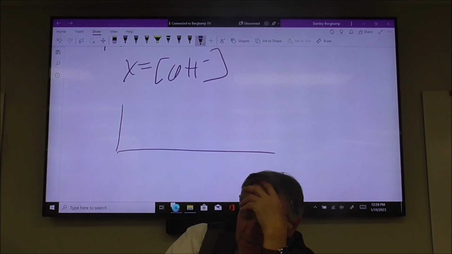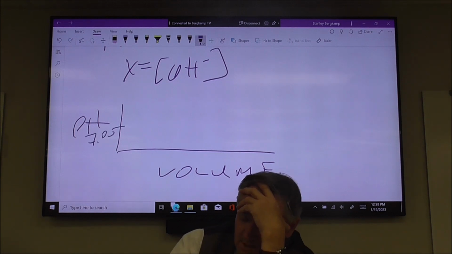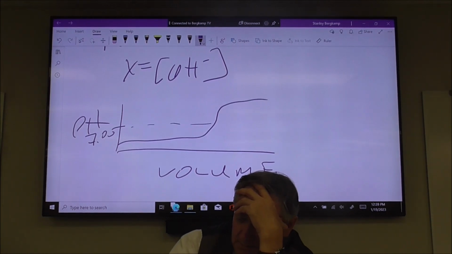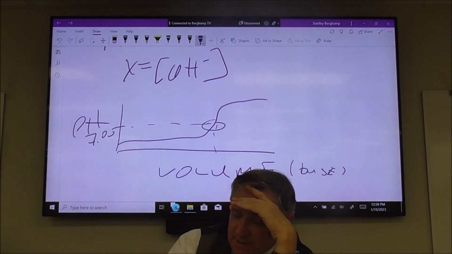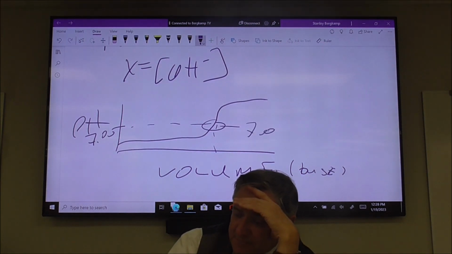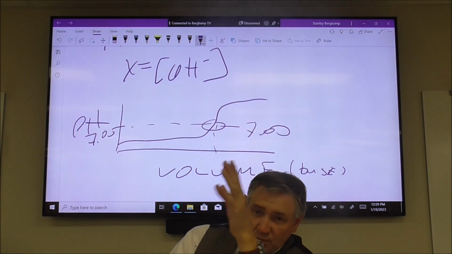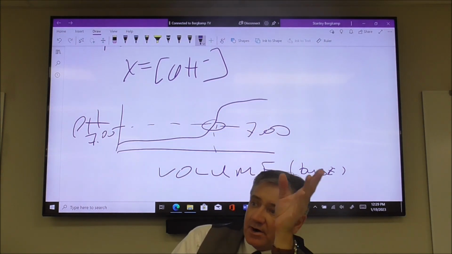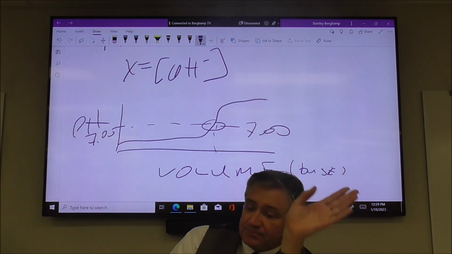So if you look at a graph of pH versus volume, and here's 7, and this is your volume of your base, if it's a strong acid, at the equivalence point, that pH is going to be 7 because there's no secondary reaction that kicks in. Chlorides are there, nitrates, whatever they are, you're just not going to start a secondary reaction. They're going to leave the water alone.